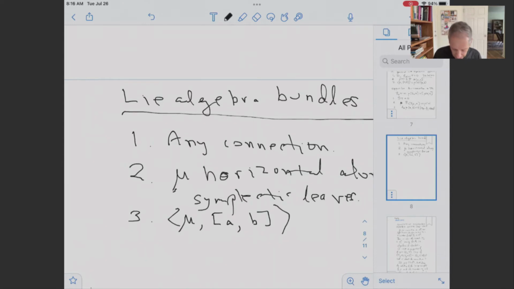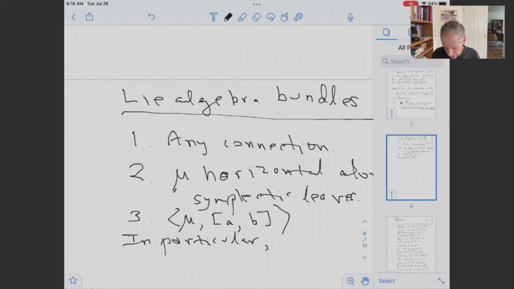So in particular, for example, if a fiber is semi-simple so that everything is of the form AB, then mu must vanish there, and then by condition two, it must vanish everywhere on that leaf.